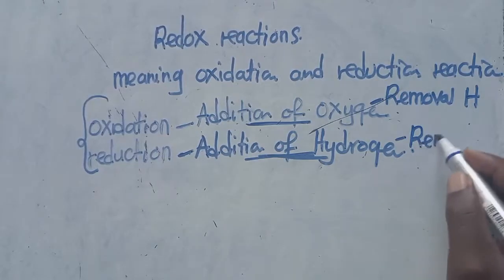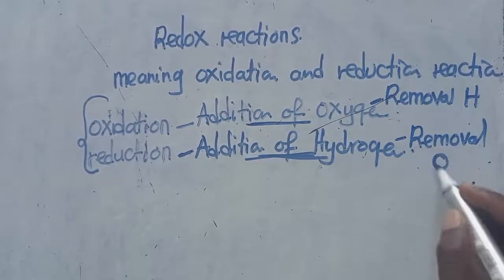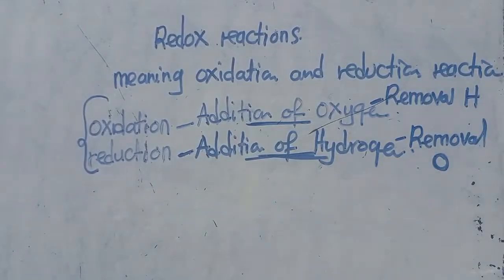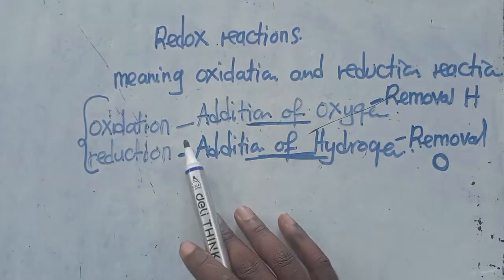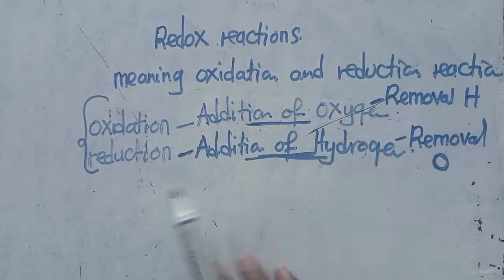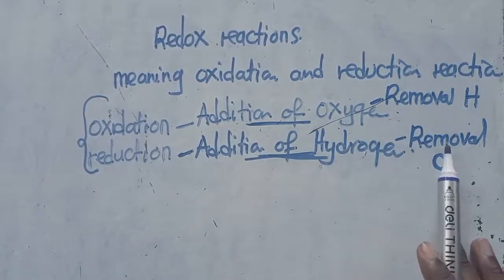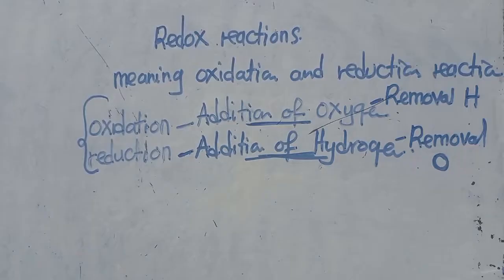These are two things that you need to understand. Under oxidation, in as much as we are adding oxygen, we are removing hydrogen. Under reduction, we are adding hydrogen but removing oxygen. So this is what you need to understand.